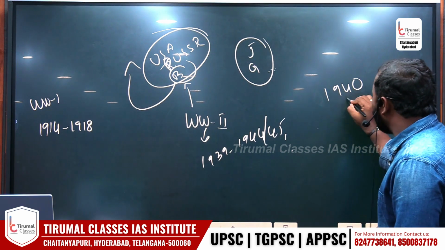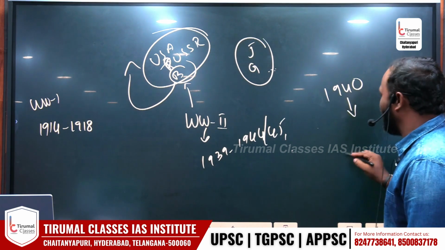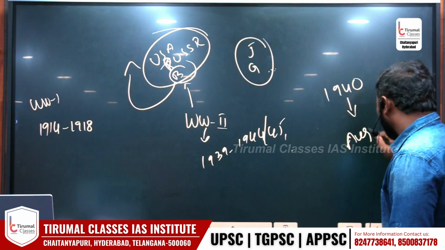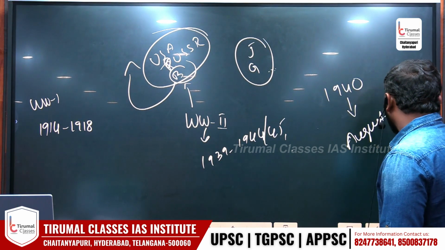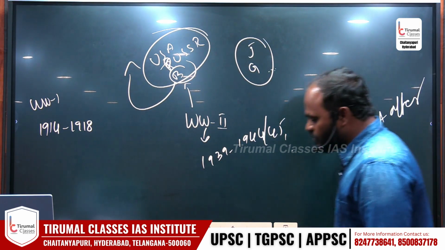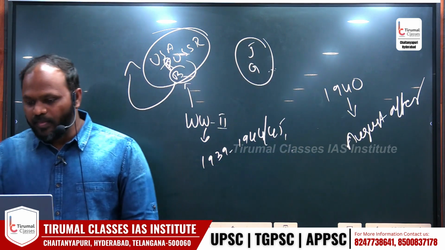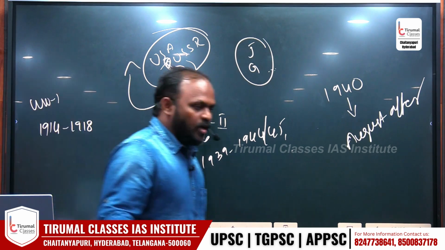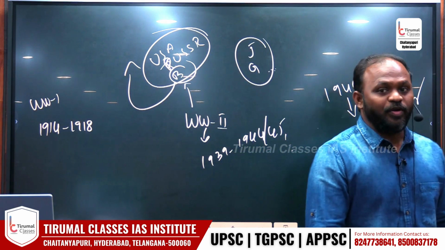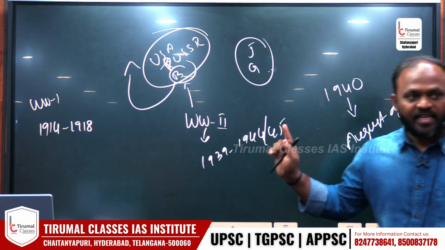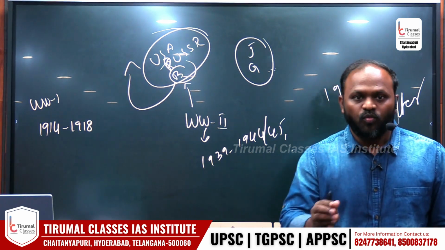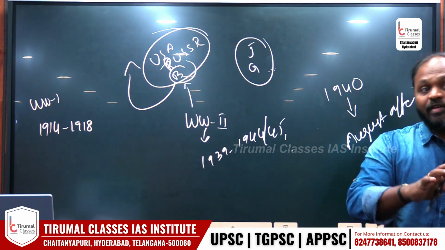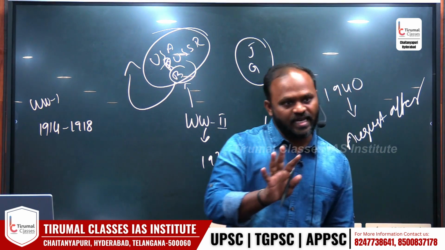In 1940, the British offered something called the August Offer. Which year? 1940, the British gave the August Offer to Indians. What is the August Offer and what are the points in it will be discussed in your Modern India classes.